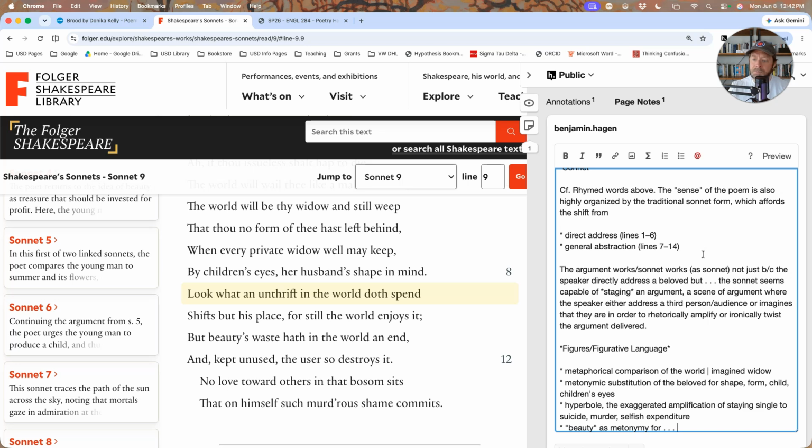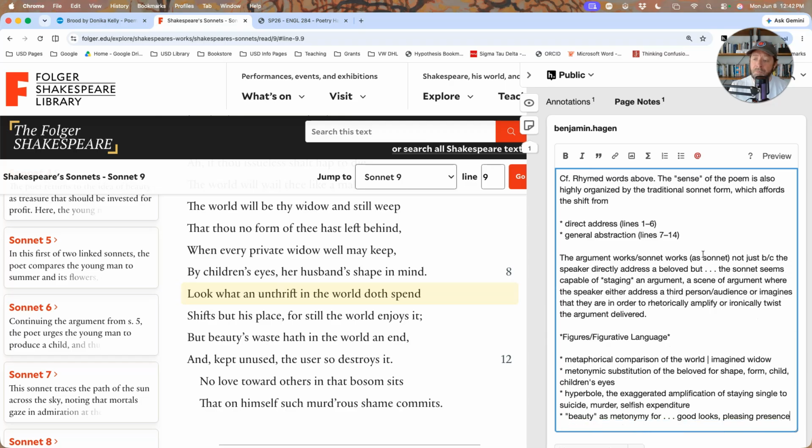For good looks, for pleasing presence, for sexual energy, right? Beauty becomes a kind of catch-all word, a sort of stand-in for something about the beloved that the speaker wants to continue to enjoy, right?